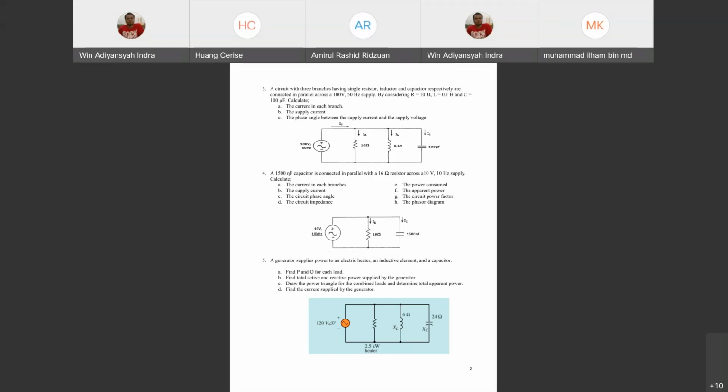Since the source is 100 volt, VR equals VL equals VC equals VS, equal to 100 volt.